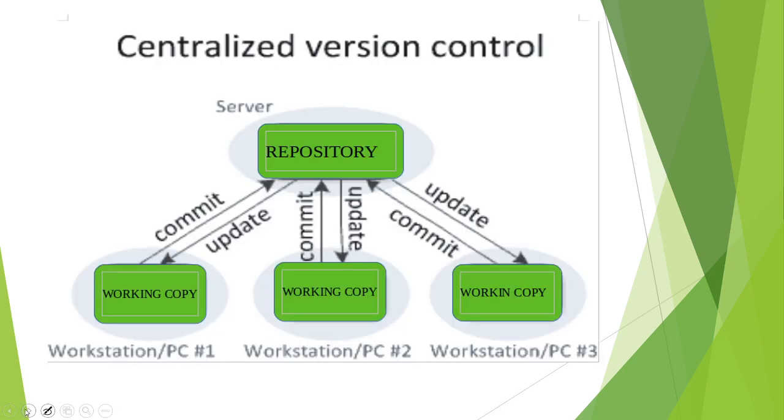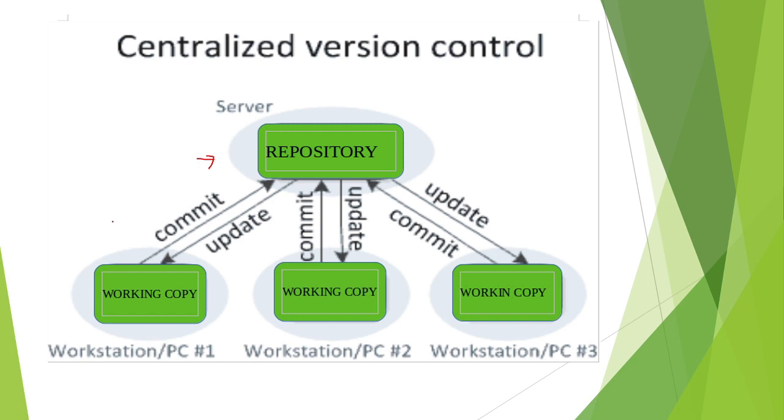So let's go and check how the centralized version control works. Any industry level software is a very big software and one or two or three, even 10 people can't create it alone. So we need many people. Suppose I have a software on a repository and there are three persons working on it simultaneously.